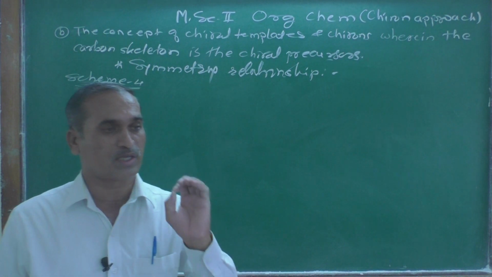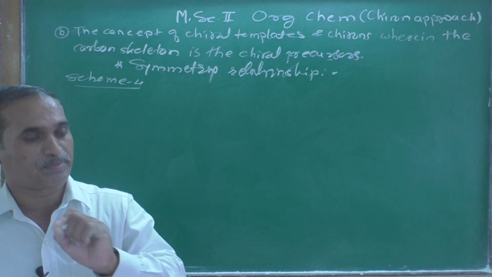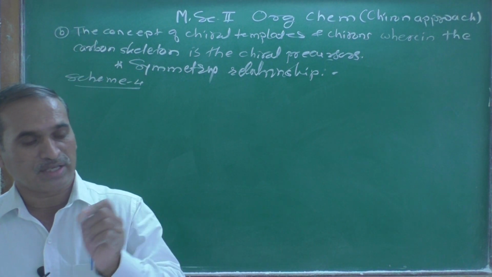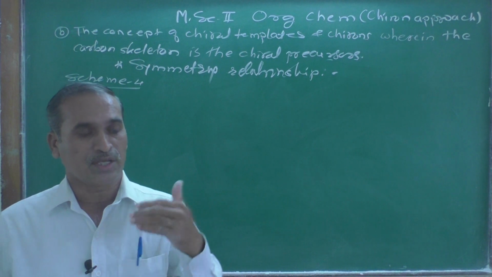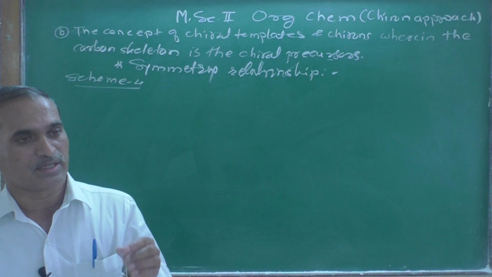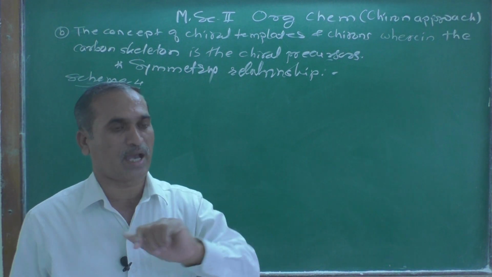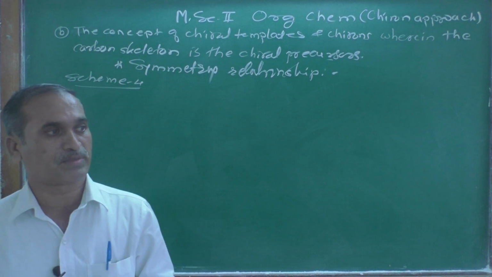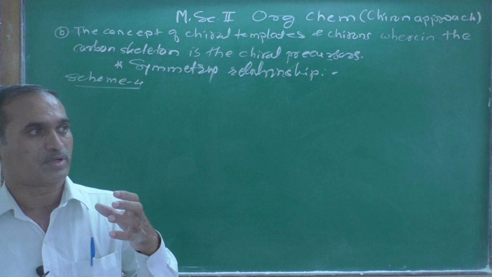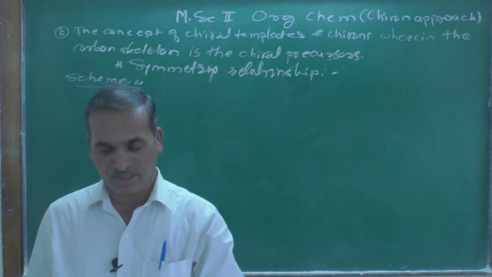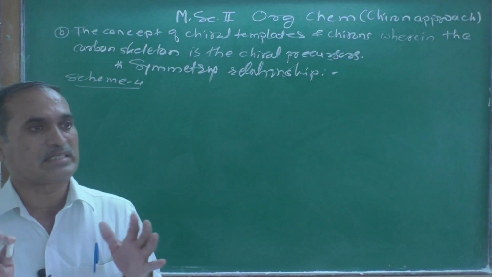Number 1 is propanediol, I think R-propanediol, then the second one is R-epichlorohydrin, and then the third one is I think pentamycin, then the fifth one is, I think, multistatin, and then the sixth one is shikimic acid.